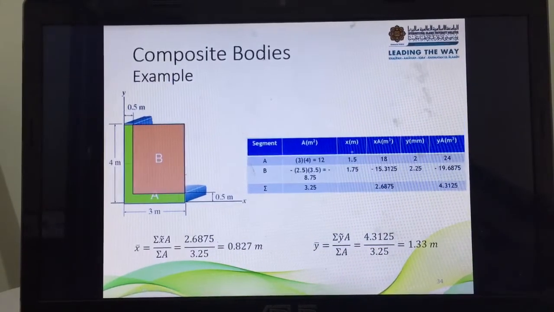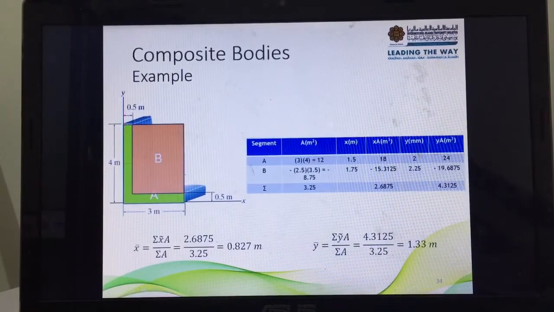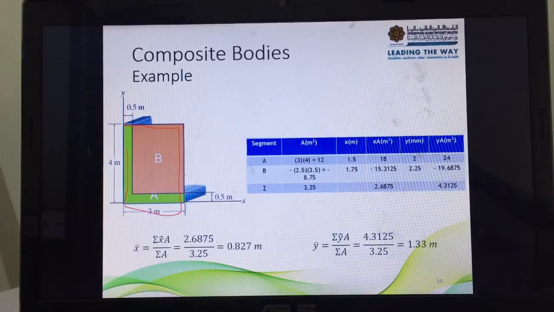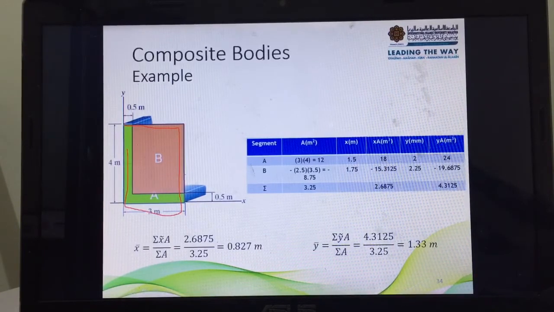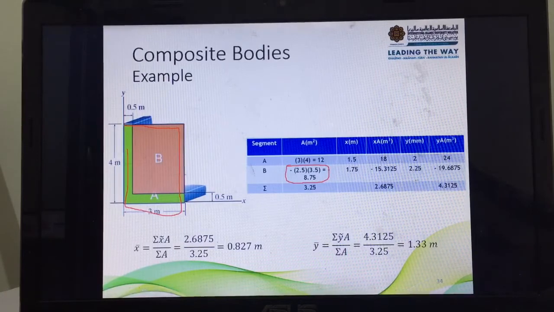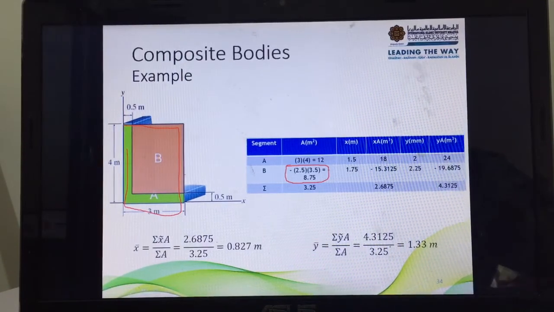Or again, another way is you consider A as the whole 3 by 4 triangle, and then you subtract B, which is the part that is not the area. The area of B will be negative here. Then you sum them up, and you will get exactly the same answer.